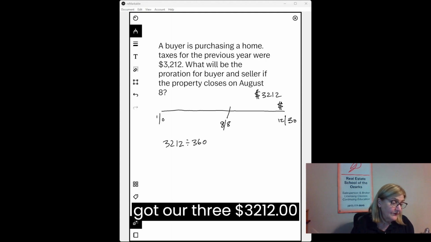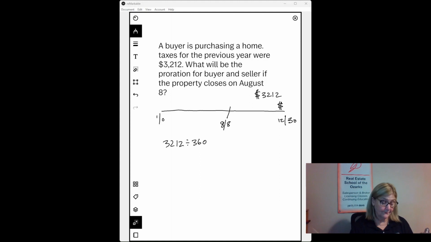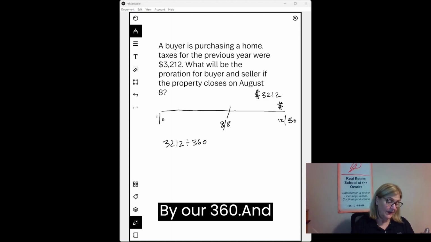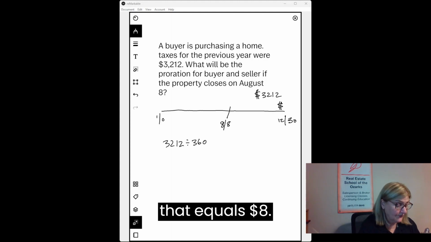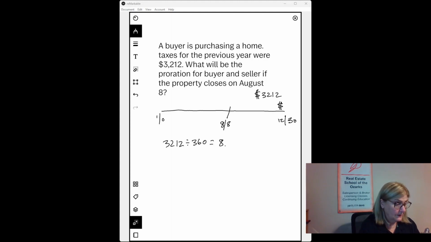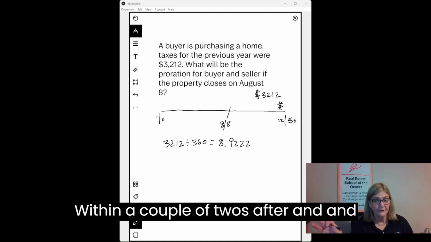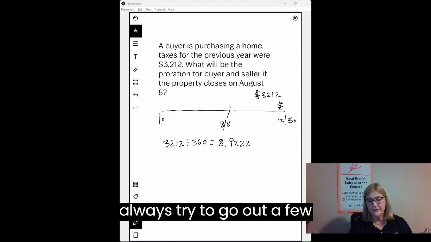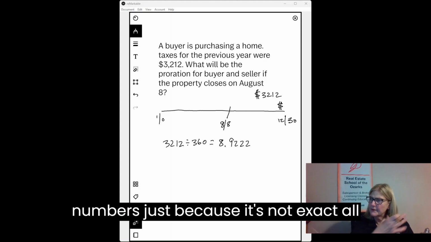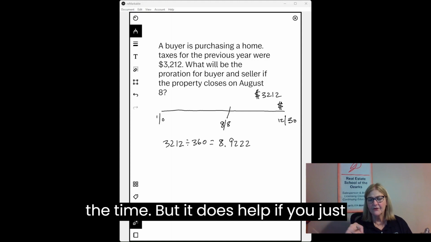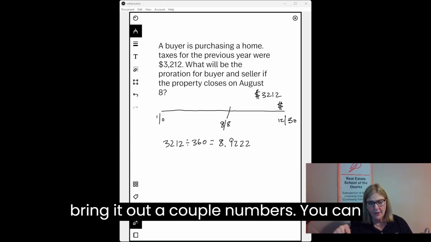So we've got our $3,212, and we're going to divide that by our 360, and that equals $8.92 per day, with a couple of twos after. And always try to go out a few numbers, just because it's not exact all the time, but it does help if you just bring it out a couple numbers.